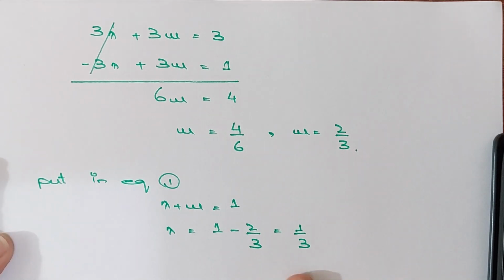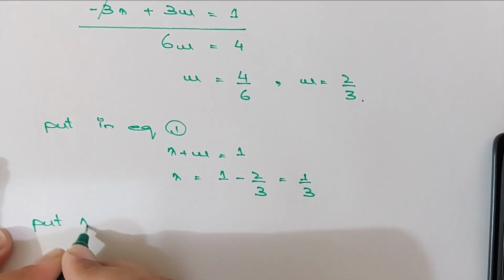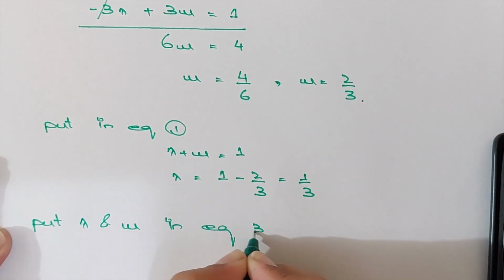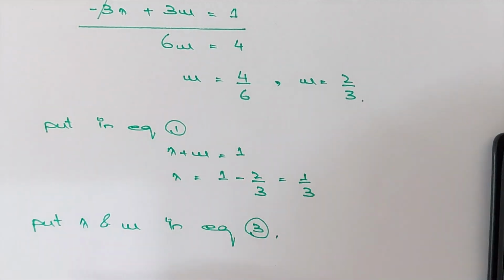Now let me substitute the values of lambda and mu into equation number 3 and see whether both sides are satisfied. If they are, the lines intersect.